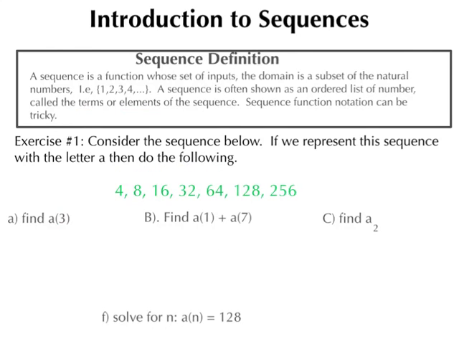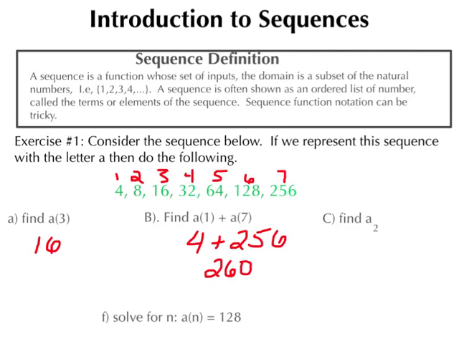So when we go through this, this is term 1, term 2, term 3, term 4, term 5, term 6, term 7. I apologize. So find A sub 3. A sub 3 is still 16. A sub 1 is 4, plus A sub 7, which is 256, which is going to give me a final answer of 260.